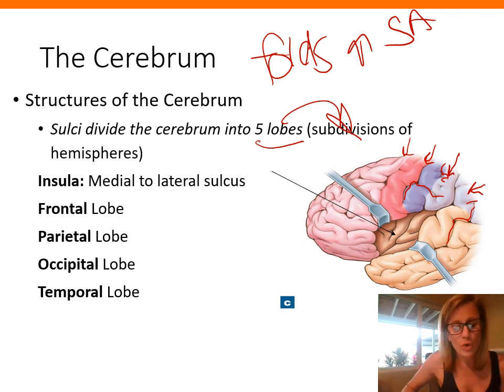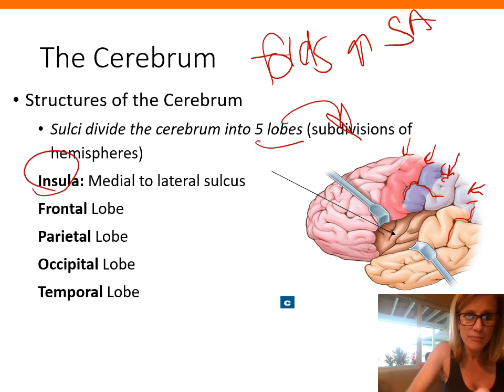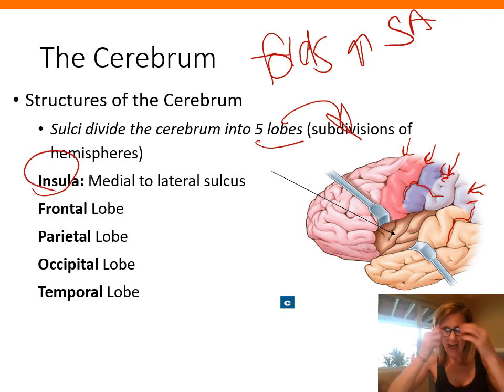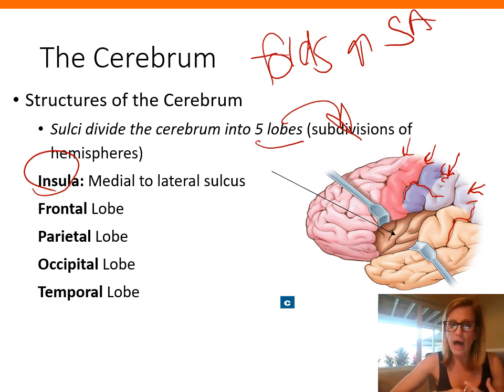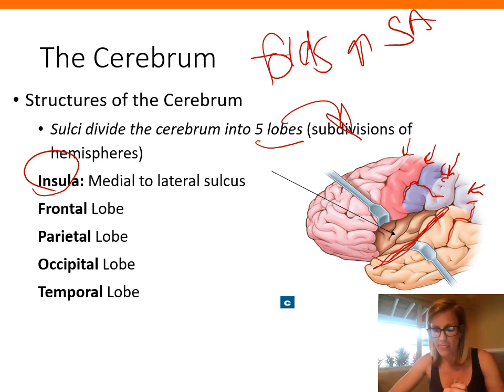The one lobe that's kind of weird is the insula. Insula means island. It's like the island of cortex. It's deeper than all of the other lobes. The insula is located medial or inside of the lateral sulcus. So the groove right here on the side of the brain is the lateral sulcus, and you can pull it apart.